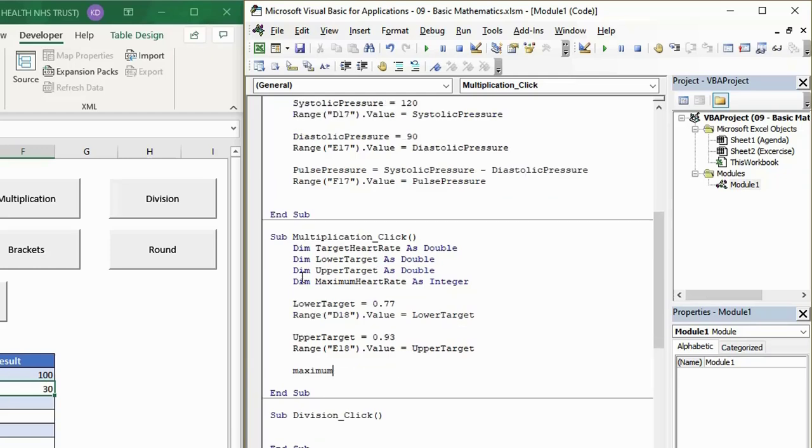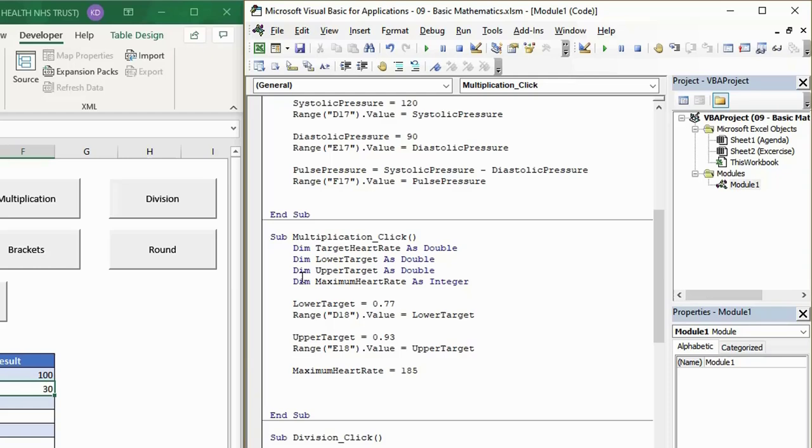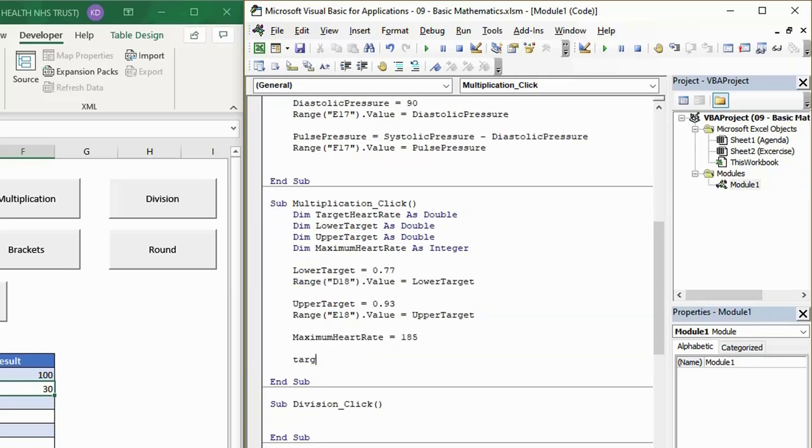And assume our maximum heart rate is 185. And to calculate our target heart rate, we multiply the maximum heart rate by either the lower target or the upper target.